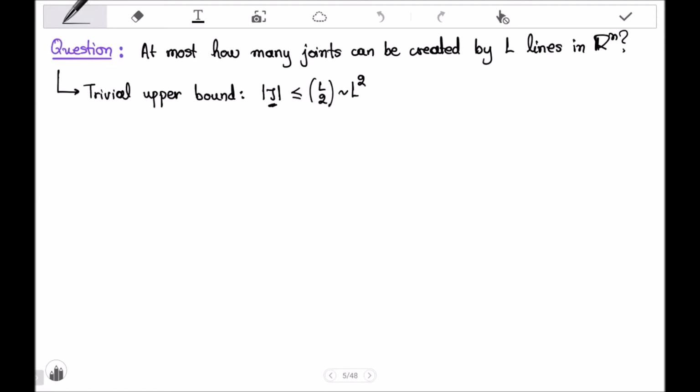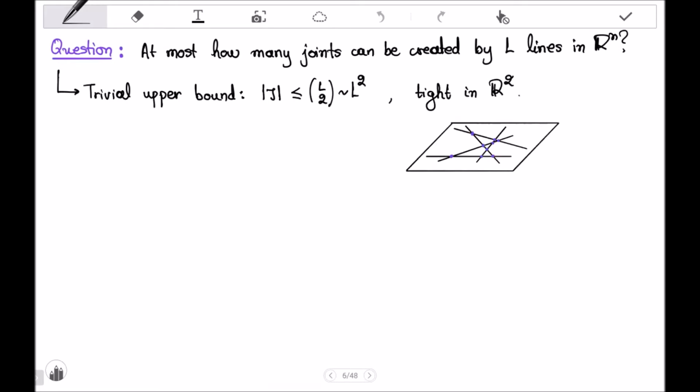So the number of joints, J, is at most L choose 2, the number of pairs of the lines, which in order of magnitude is about L squared. And this can even be tight in two dimensions. If your lines are arranged so that everyone intersects all others, which is possible inside R^2, then you have as many intersections as the pairs of distinct lines. And those are all joints. So that is a trivial upper bound, and in R^2 it cannot be improved.